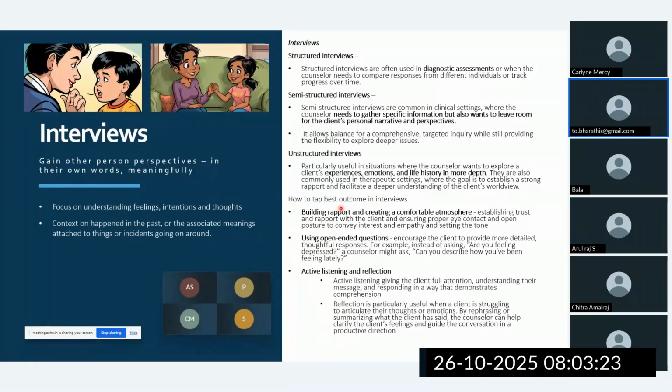So building rapport and having a comfortable atmosphere is very critical to create that tone for the interview, where the individual or the client will be able to share what we intend to capture.